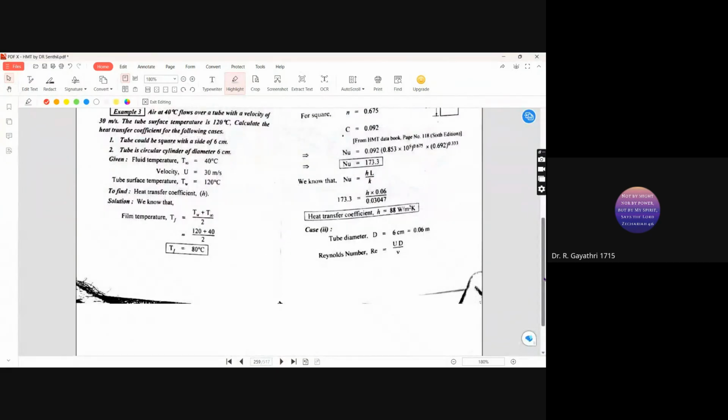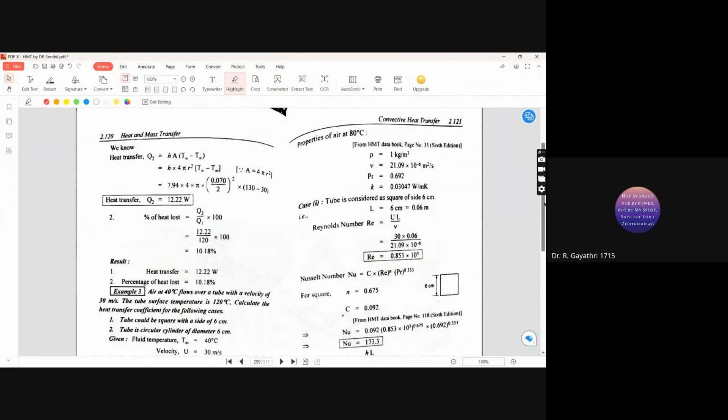Okay, next, heat loss Q2. Earlier the bulb produces Q1. Now we can calculate Q2 value using sphere surface area, H from Nusselt number equation, TW and T infinity values. After substituting everything, we can obtain Q2 value of 12.22 watts.